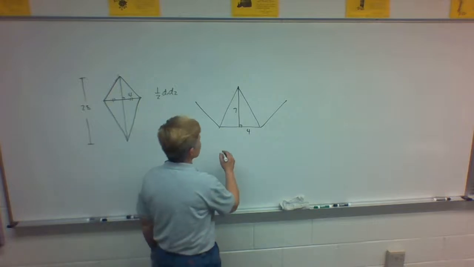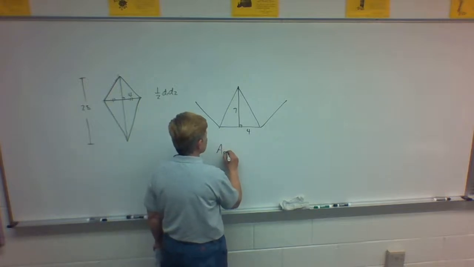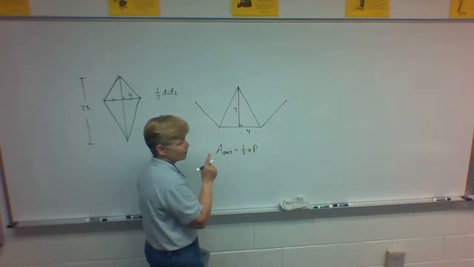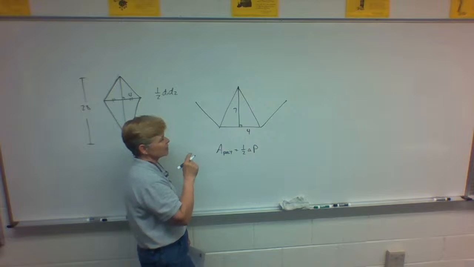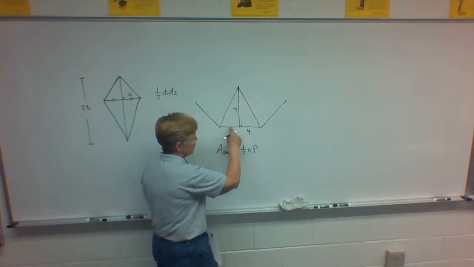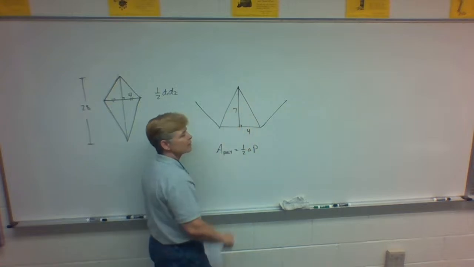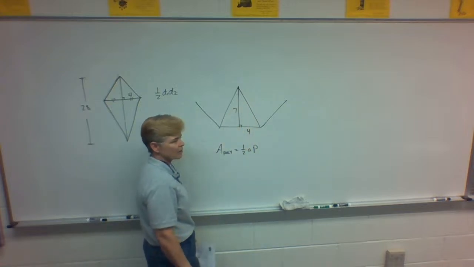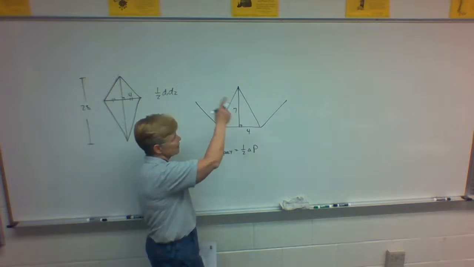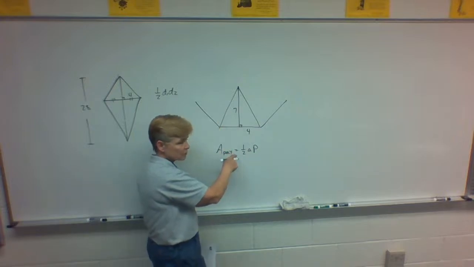Remember how before I said that the area of any regular polygon is 1/2 AP? I don't want to use that one here. I'll tell you why. Because I can find the area of this triangle right now. It's going to be 8 times 7 cut in half. And I happen to know there will be 7 triangles just like that.